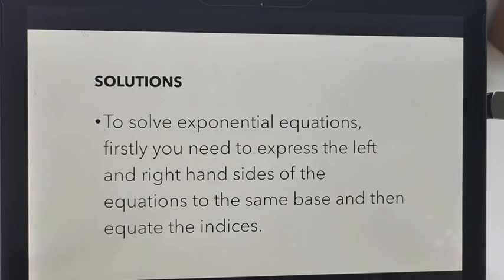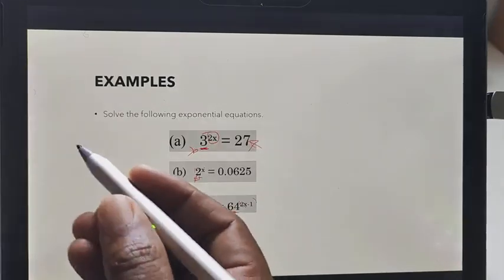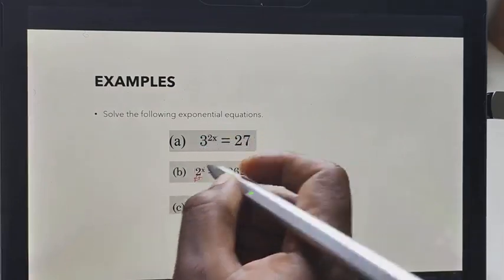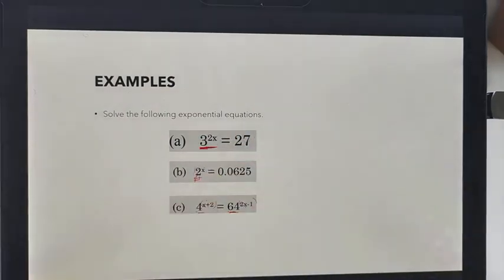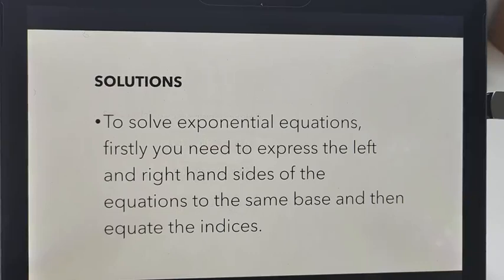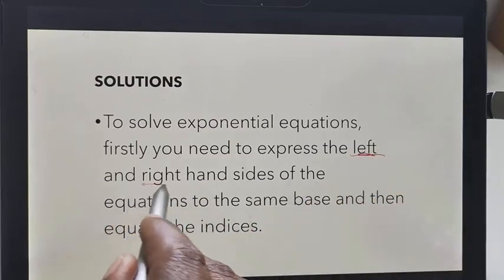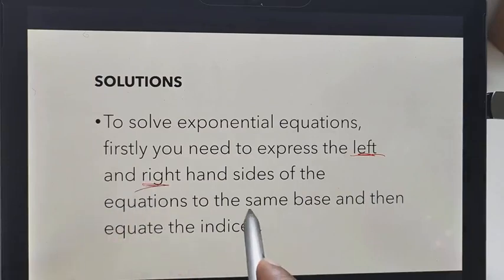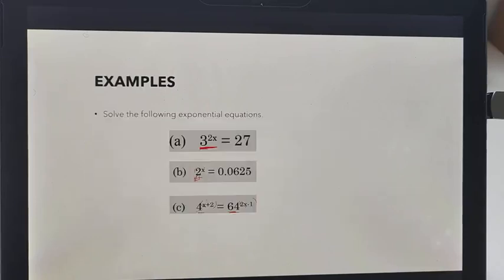To solve exponential equations, firstly you need to express the left hand side and the right hand side to have the same base. You look at your equation.